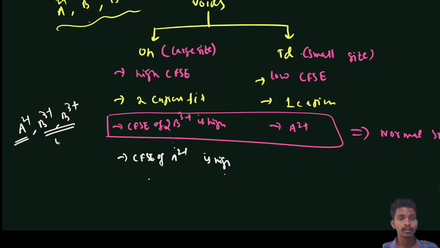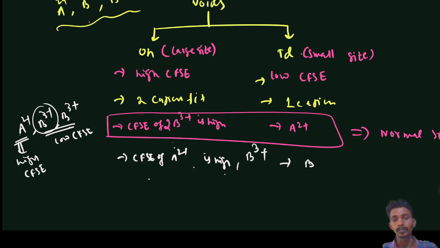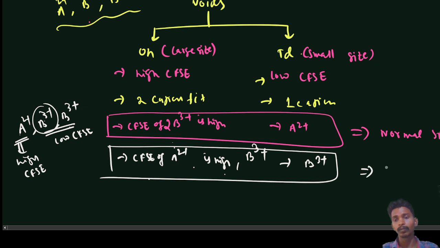The high one comes to the octahedral hole, but since it can fit 2, another one will definitely come, and that will be B3+. So again a B3+ goes here. This type is called inverse spinel.